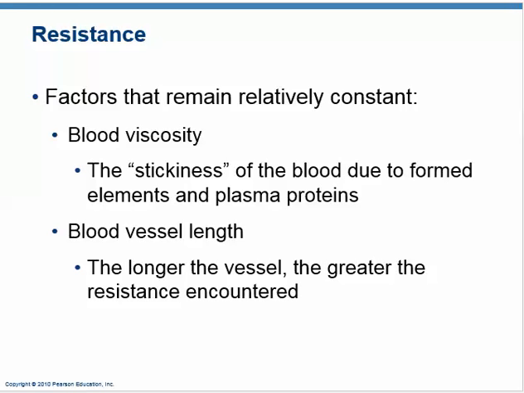So you can increase viscosity by either adding more proteins or formed elements, or by taking away liquid. As people dehydrate, their blood viscosity goes up, and so when the blood viscosity goes up, so does the resistance, which means flow lessens. In order to maintain a flow, therefore, blood pressure has to increase.